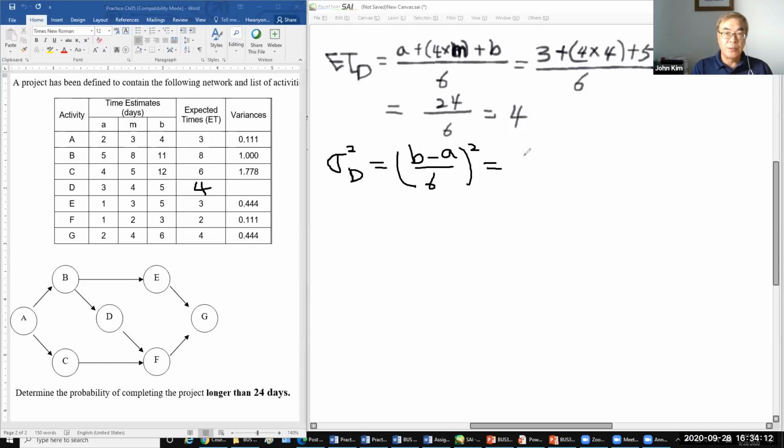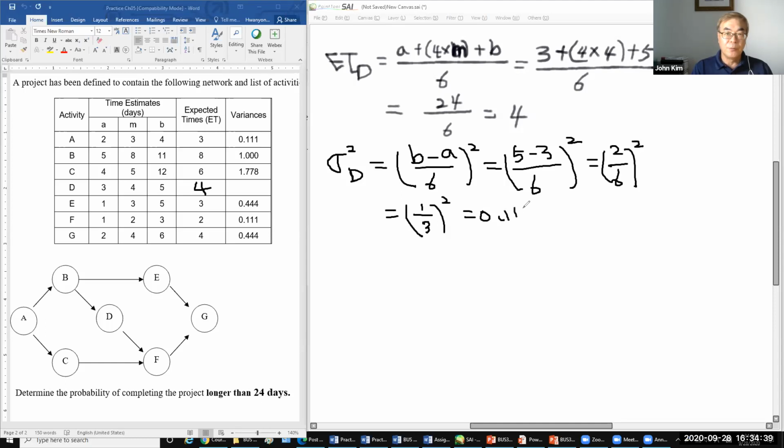So 5 minus 3 divided by 6, squared, equals 2 over 6, squared, equals 1/3 squared, equals 0.111.